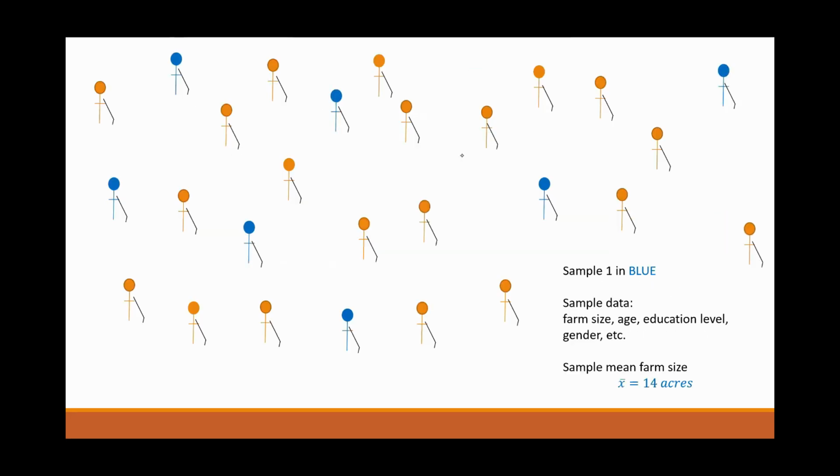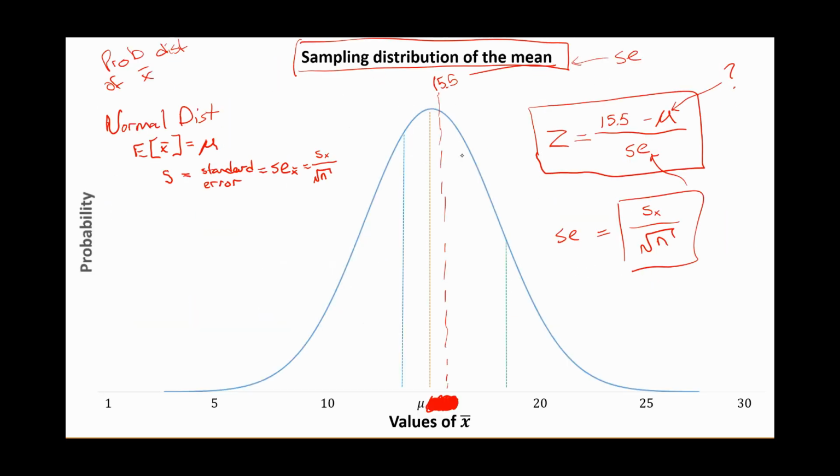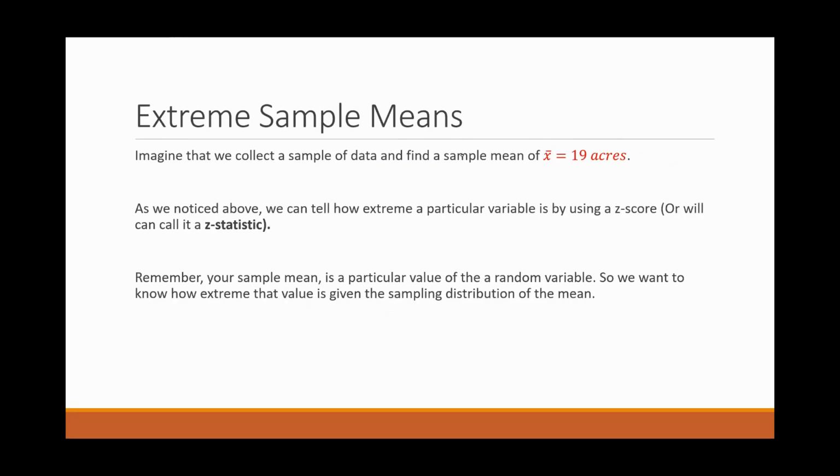We might want to know how likely or unlikely our particular sample mean is. And this is where we use the z-statistic. We can calculate the z-statistic to help us determine how likely or unlikely our sample mean is compared to the mean.